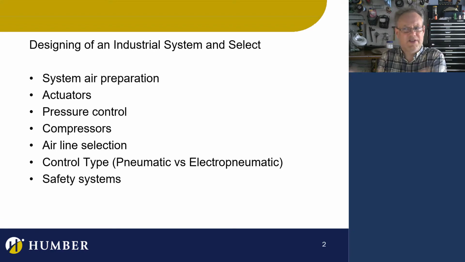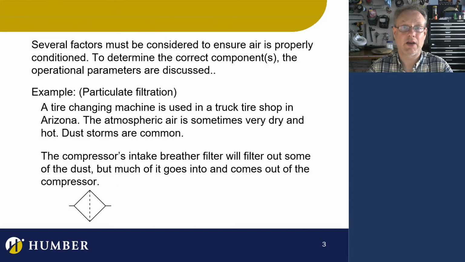Should we go with pure pneumatic control, or should we throw some electro-pneumatic in there? And why would we do one or the other? Again, it's all about application. And definitely safety systems. We've already talked about fail-safe designing and different kinds of valves that we would put into a system to make it safe. So that's the kind of thing we're going to be taking a look at today.